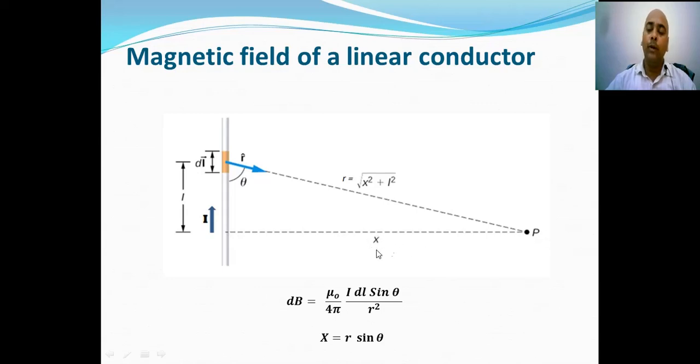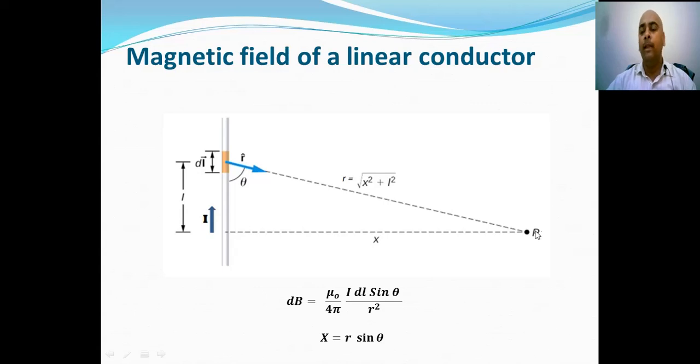So in order to calculate the magnetic field at point P, we need to use Biot-Savart law. However, Biot-Savart law gives the magnetic field at the observation point only due to a small current element.